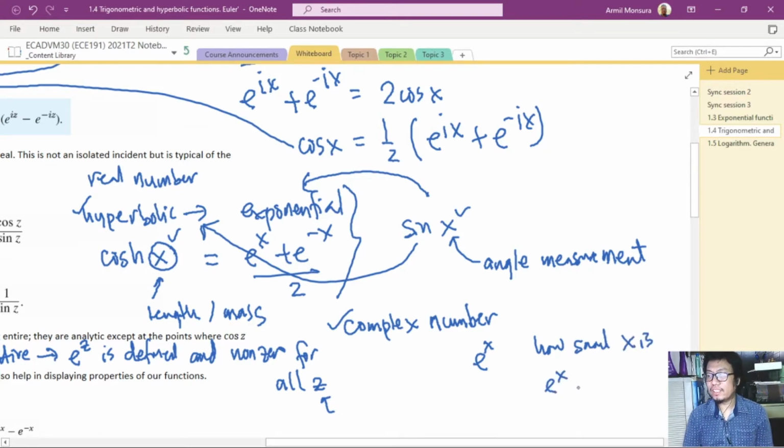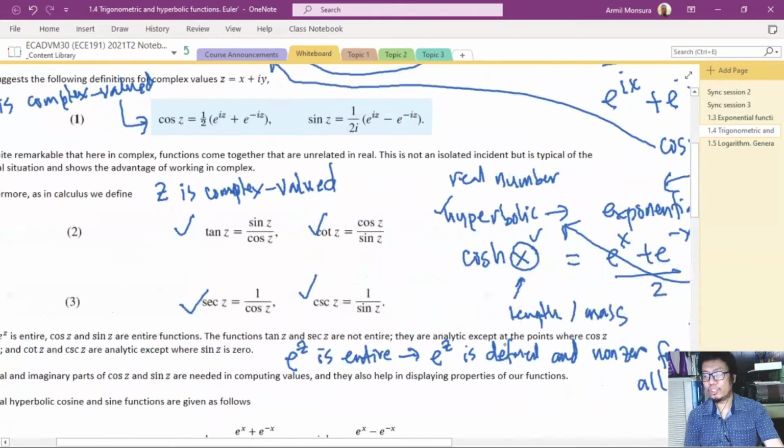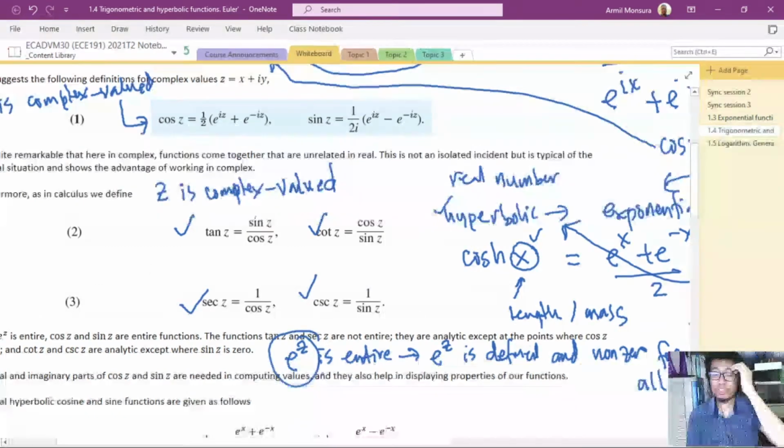Even if you say e raised to negative 18, that number is very close to zero, but it is not necessarily zero. So we say that e raised to x is entire. And thus, it also follows that the complex extension of the exponential function is also an entire function.